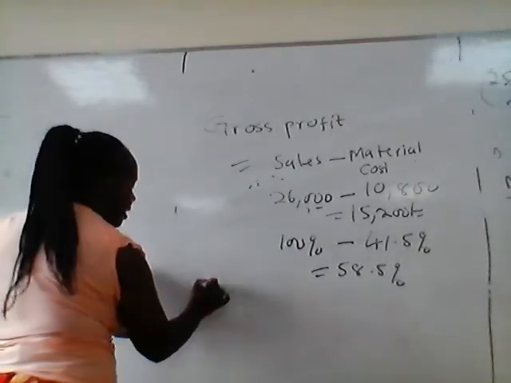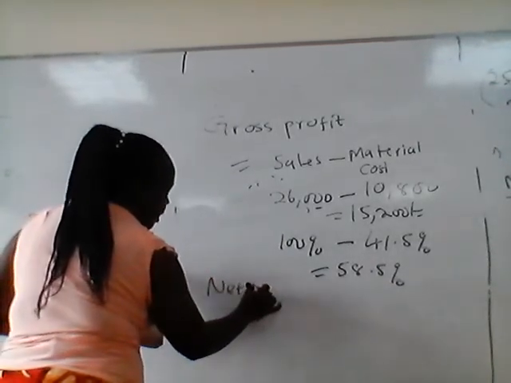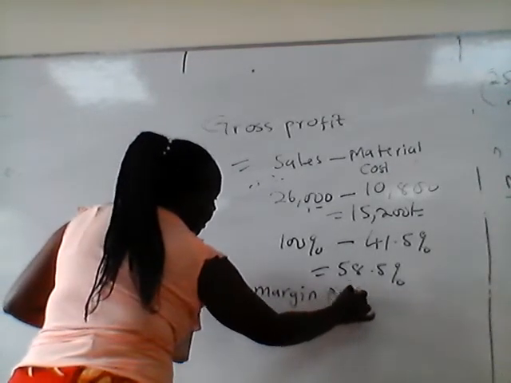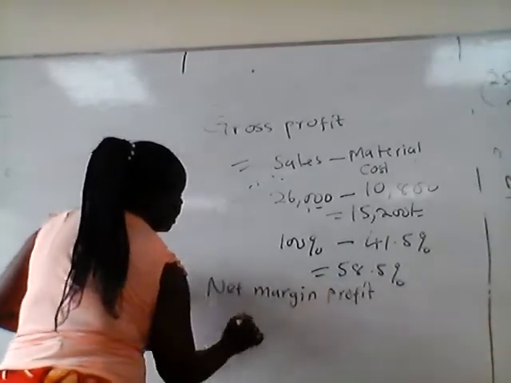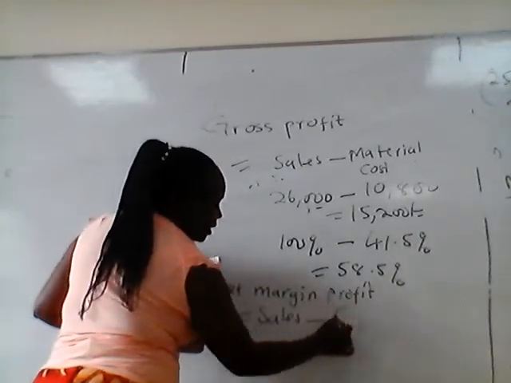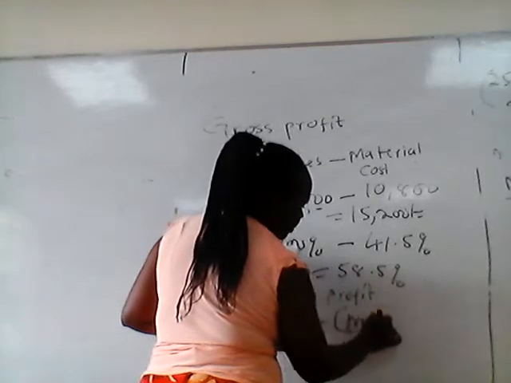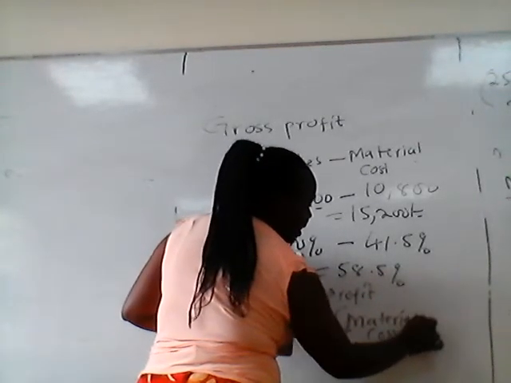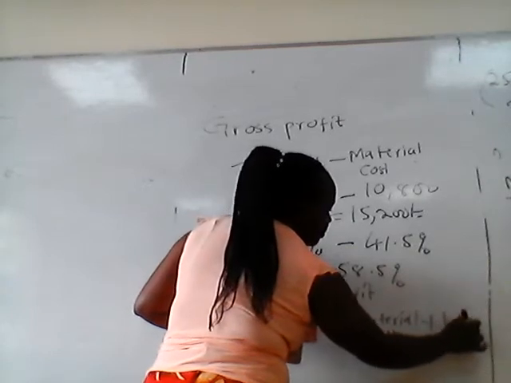Now when we look at the net margin profit, net margin profit is equal to sales minus, in brackets, material costs plus labor costs.